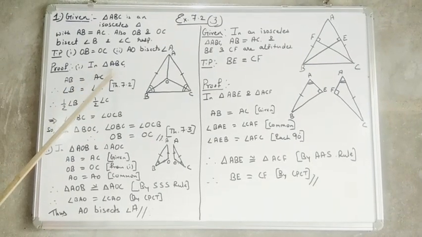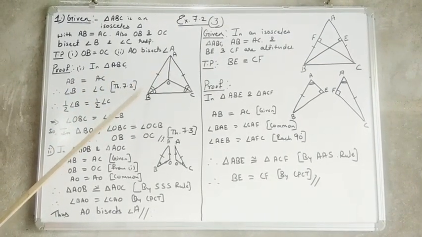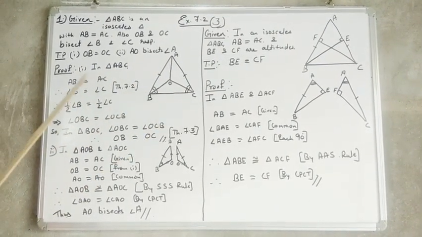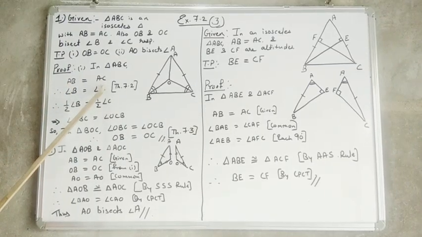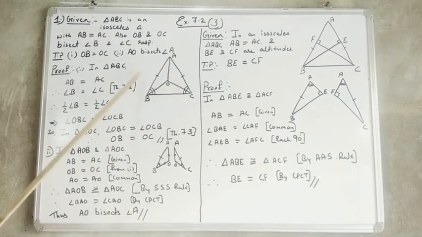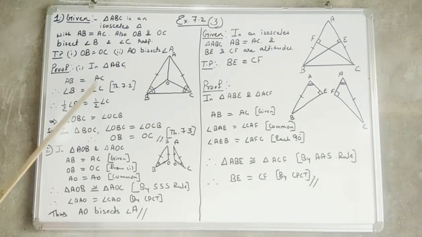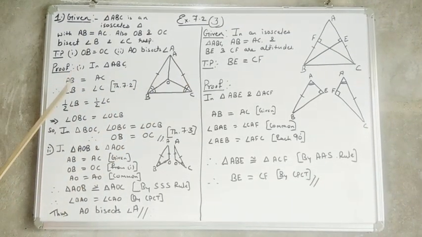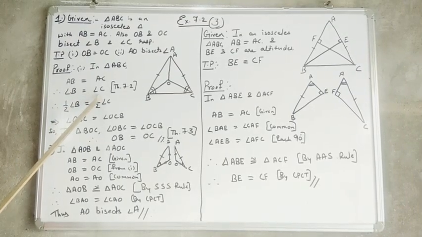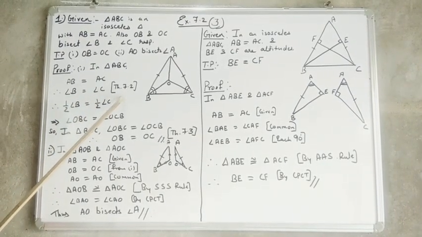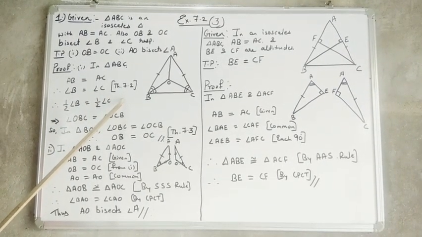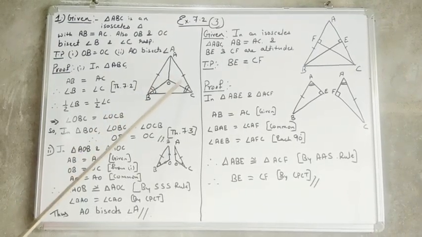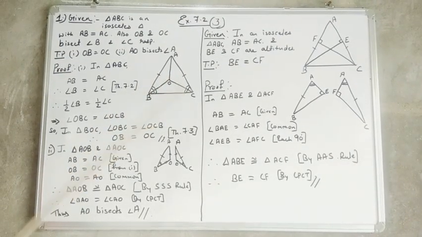In triangle ABC, it is already given that AB is equal to AC, which means two sides of the triangle are equal. If two sides are equal, can I say angle B is equal to angle C? Yes, by theorem 7.2: angles opposite to equal sides are also equal.